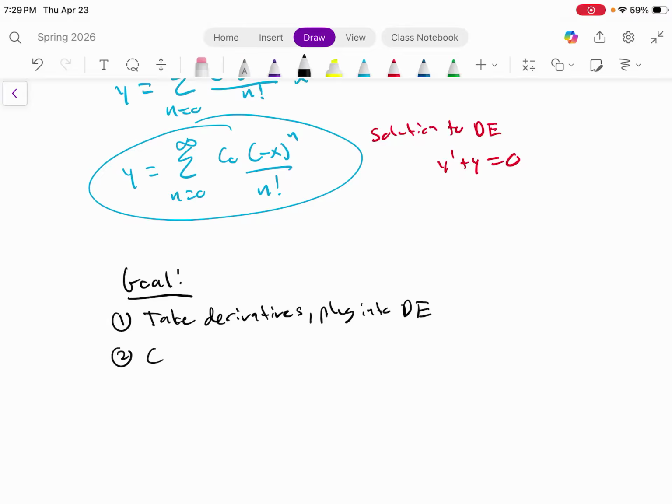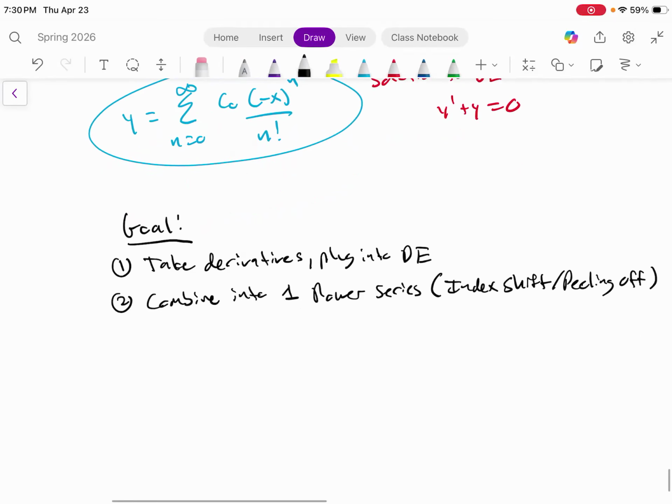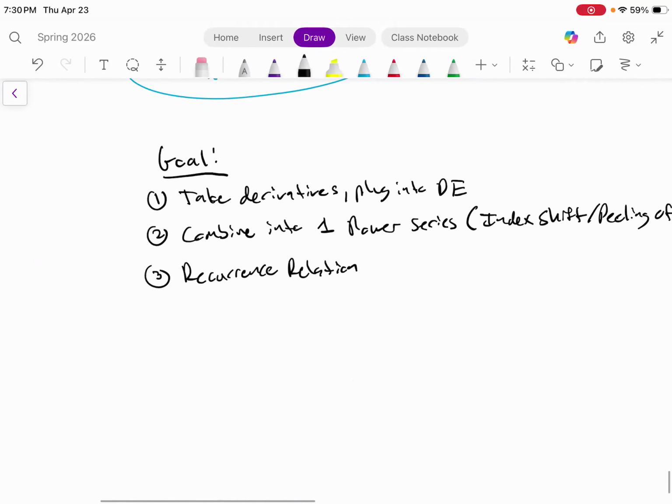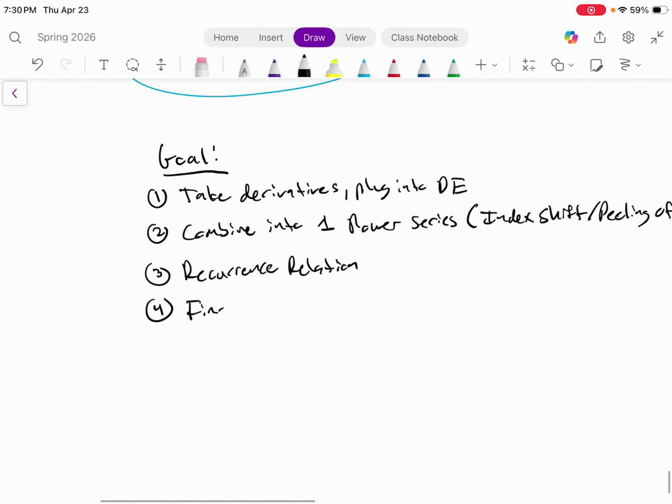The second thing is to combine into one power series, through index shifting or peeling off, whichever route you want to take. The next thing is the recurrence relation, like we just did up here, trying to find a pattern, and then finally your final solution.